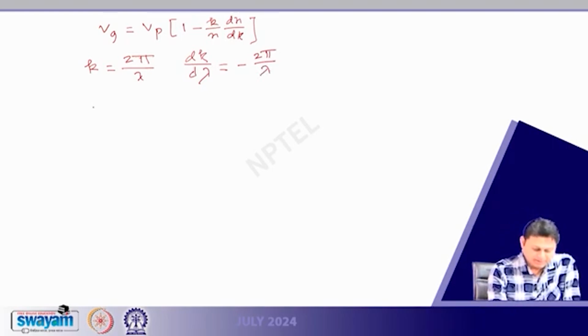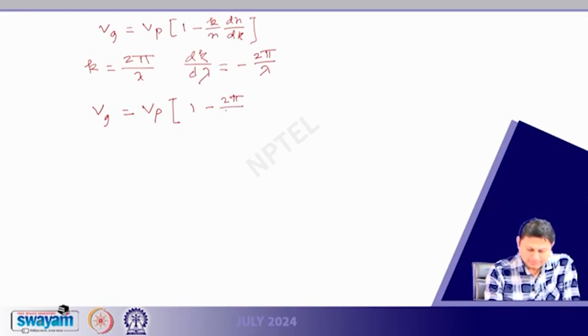And if I replace this derivative, Vg will be Vp 1 minus k, I replace 2 pi divided by lambda, then it is 1 divided by n, and this derivative I write dn d lambda, because n is essentially a function of lambda.